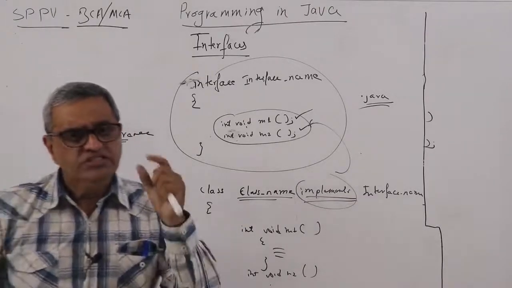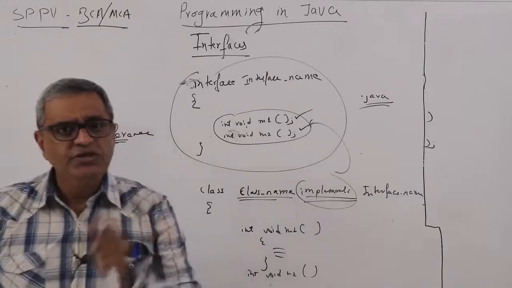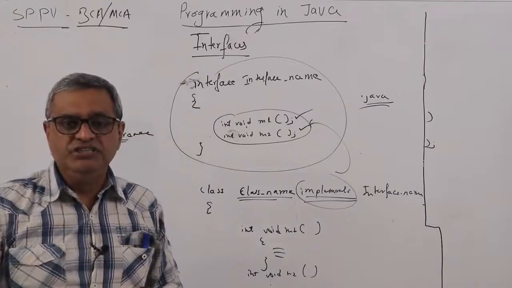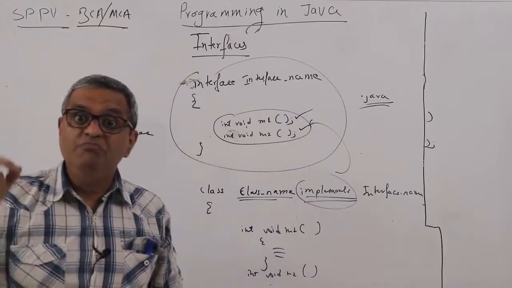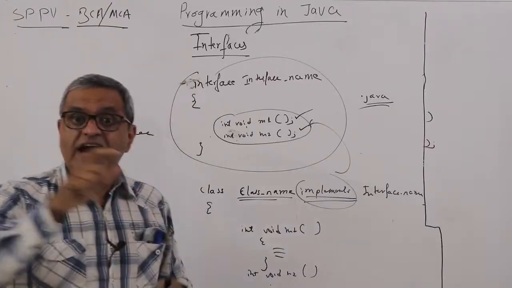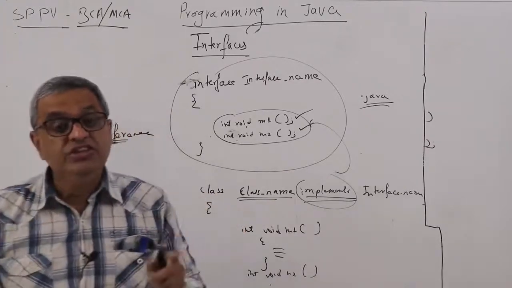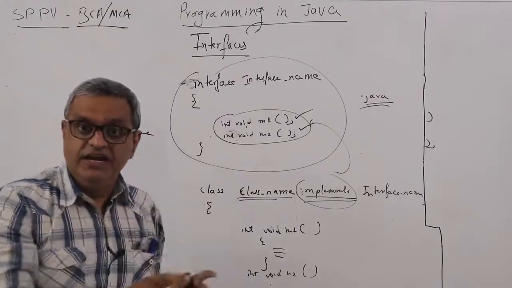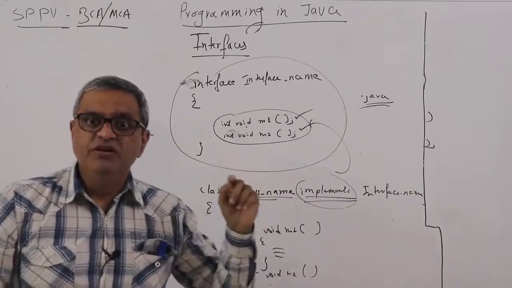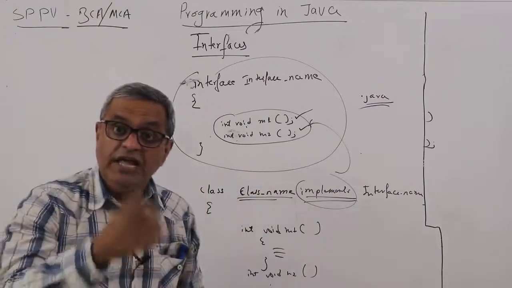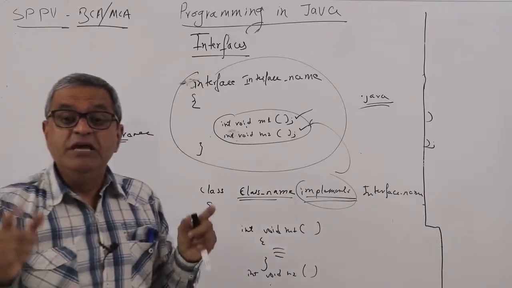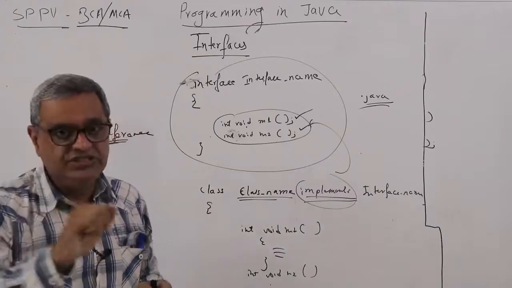So what is the advantage of an interface? The classes which are going to implement the interface need to have all the methods detailed out in them. The method name and method parameters need to be appropriately declared. If anything goes wrong, if for example the parameter type of a method, instead of int, is changed to, say, float, immediately the compiler will catch this error.